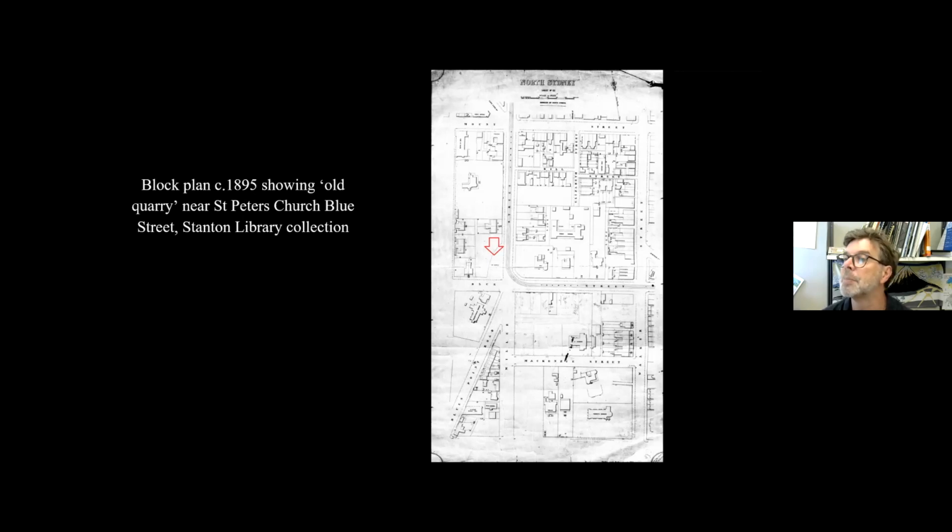This is a series of maps in the collection, all from the early to mid 1890s, which we have scanned and keyword searchable. And I typed in quarry, and I only pulled up three maps with quarries on them, and one of those was up near the Oaks Hotel today on Military Road. Vast quarry site there, but I didn't include that in the talk because I was wondering whether that was in fact a quarry for the brickworks.